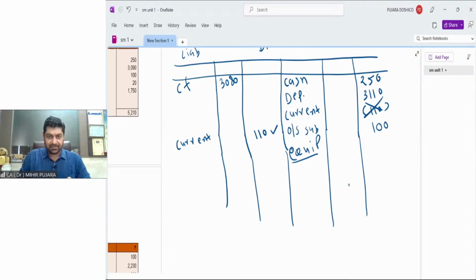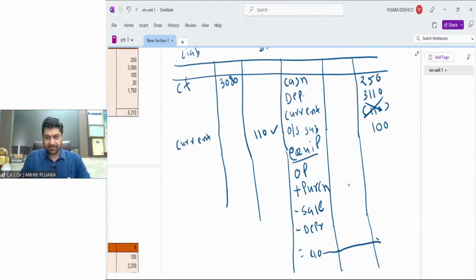Equipments, what we have learned: opening balance plus purchase minus sale minus depreciation equals closing balance, which will be in the outer column. This is what we have discussed in the previous two questions also. Recall this, guys.